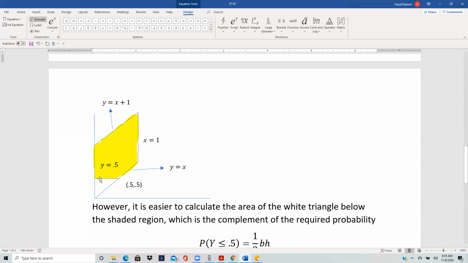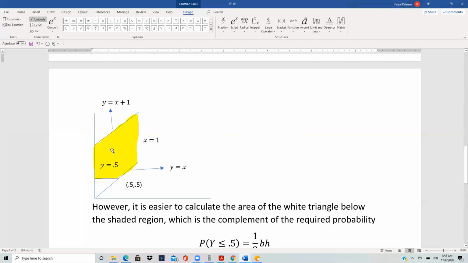This is the line y equals 0.5, and this yellow portion is the one that is above this line. But you can see from the picture that it's much easier if we calculate the area of this white portion, which is just a triangle. And then the yellow area will be the total area minus the area of the triangle.